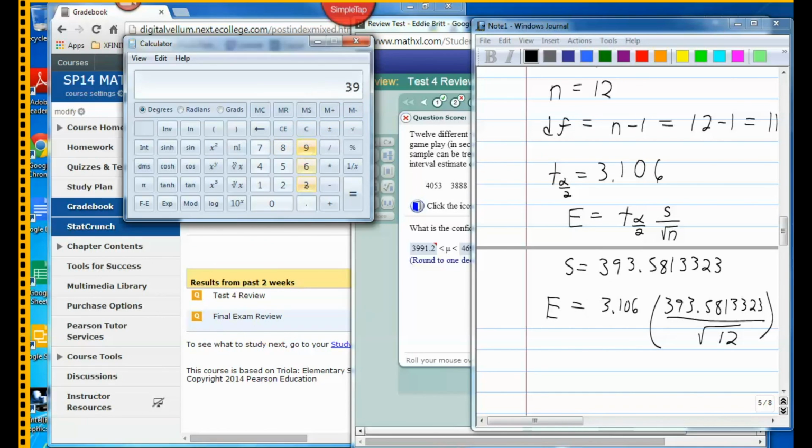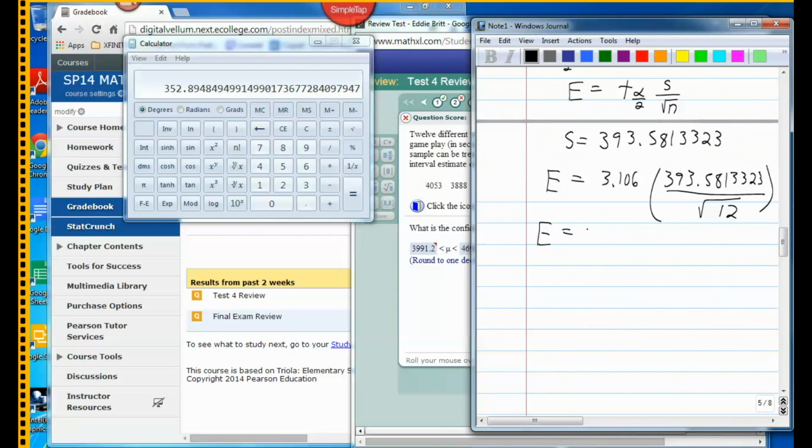I'm going to take this and divide first: 393.5813323 divided by, and I'm going to put the square root of 12 in parentheses. So 12 square root equals, so that is this part right here, and then I have to say that times 3.106. All right, so there's our margin of error.